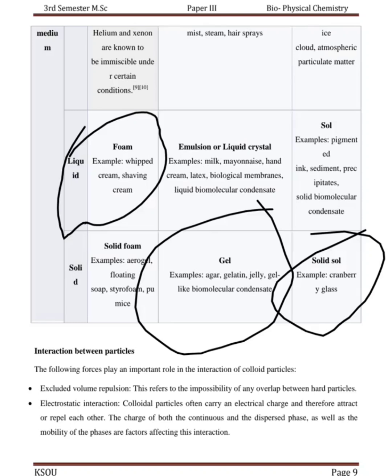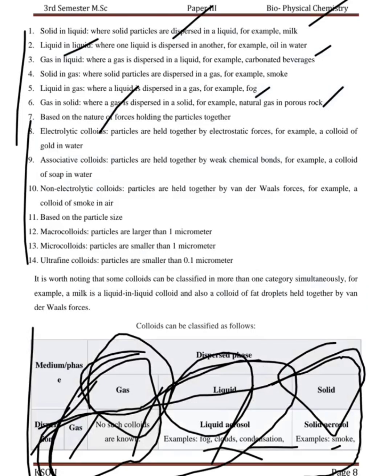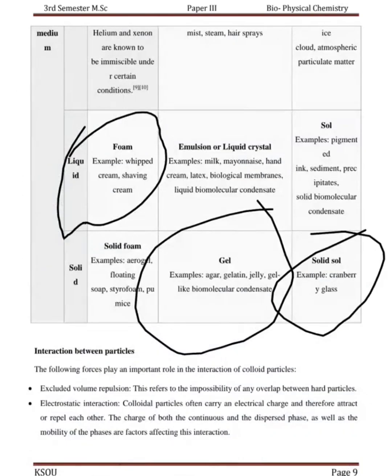Next, interaction between particles. Some forces play an important role in the interaction of colloidal particles. There will be forces acting on the colloidal particle with different substances. Excluded volume repulsion refers to the impossibility of overlap between hard particles.